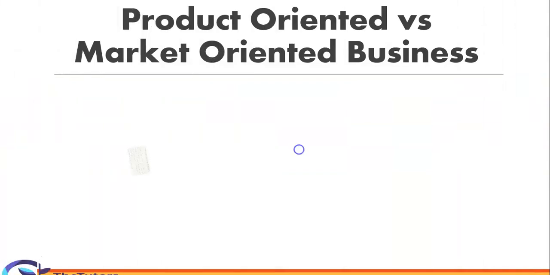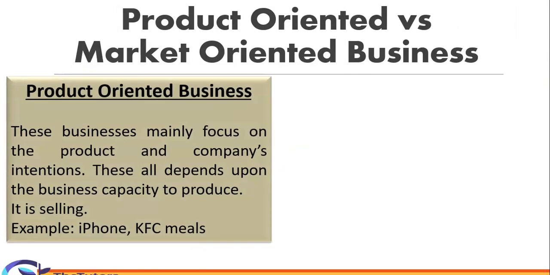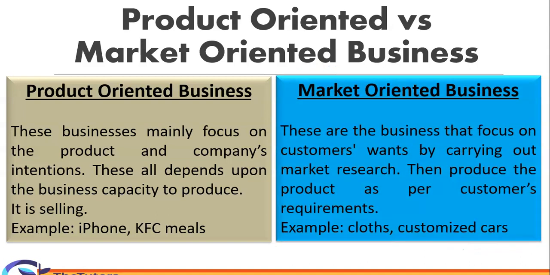On the basis of those, let's see what product oriented businesses are and what market oriented businesses are. Product oriented businesses look like selling. They just find out what they like, just like iPhone, what they feel is better, what they can build, what they can make. They design according to themselves, and then they make publicity.